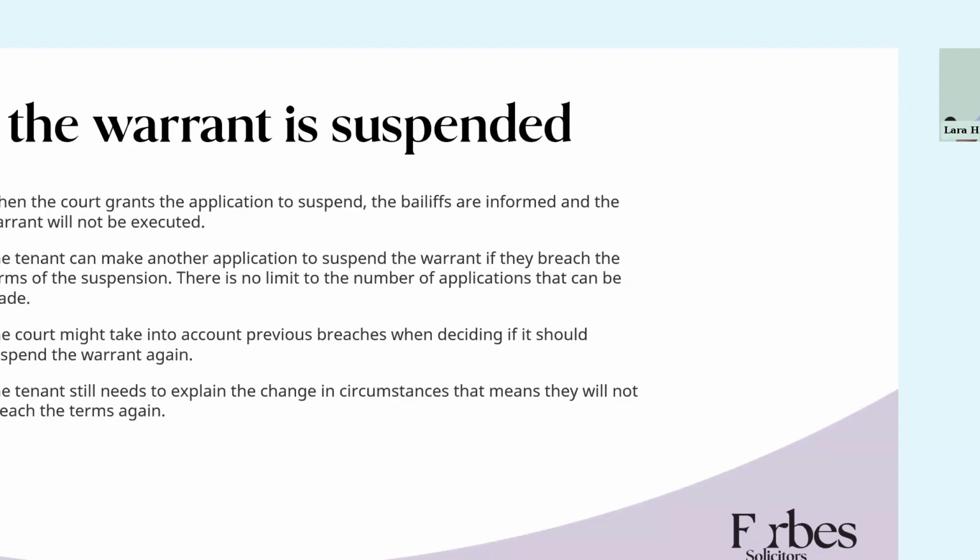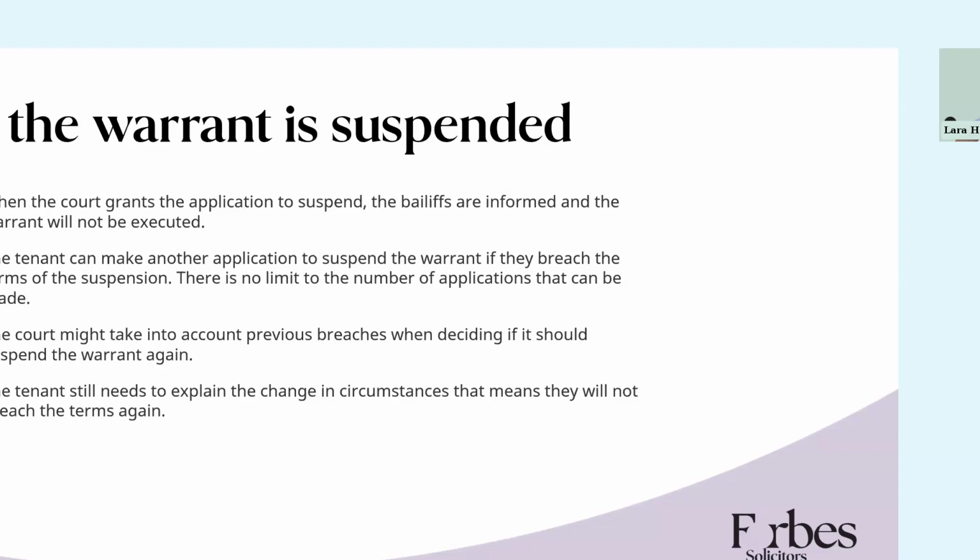So if their application has been approved by the court and the warrant will not be executed, it may be on further terms that they need to comply with. If they breach those terms and another request for the warrant is made, they can then make another application to suspend. So you may have had cases where you've had application to suspend after application to suspend. That can happen. I've had them previously where we were up to 6 applications to suspend.